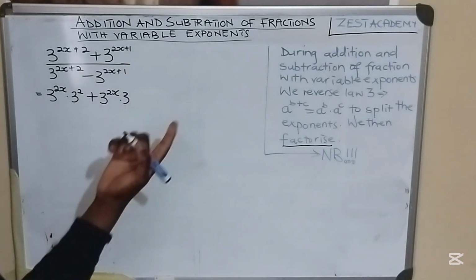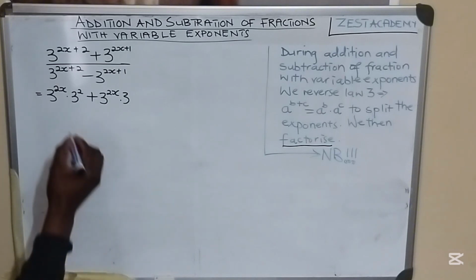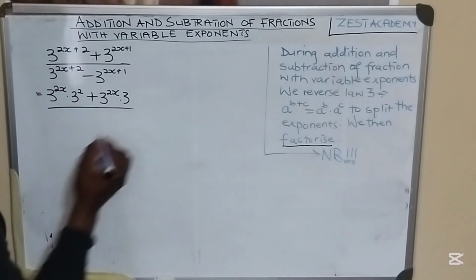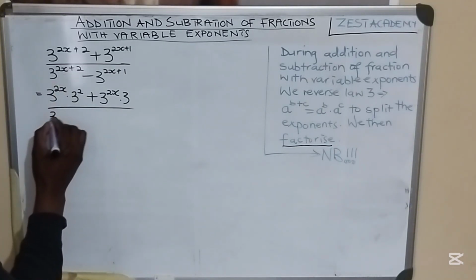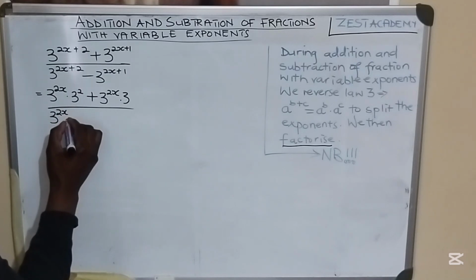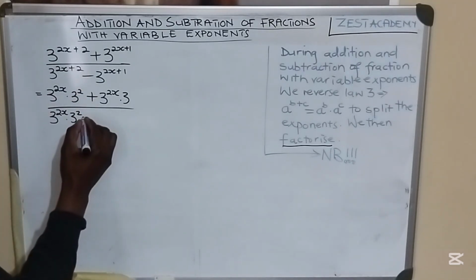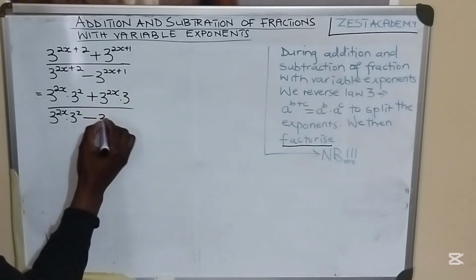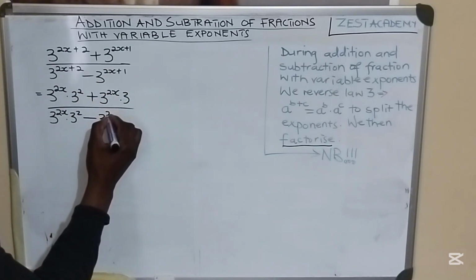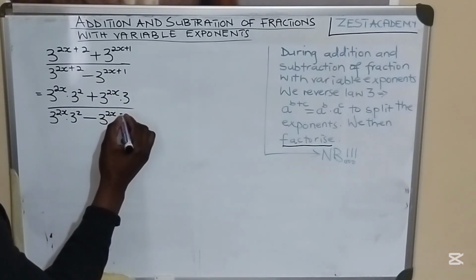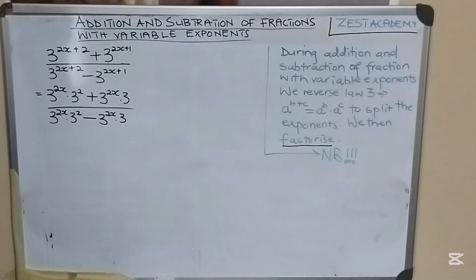I don't have to write the 1 because it will retain the answer. Right? The same applies, 3 to the power of 2x times 3 to the power of 2. They are separated by a negative. Then this can be written as 3 to the power of 2x times 3 to the power of.